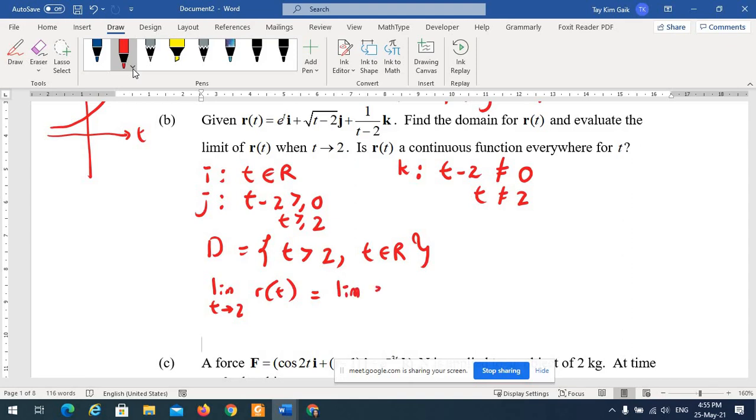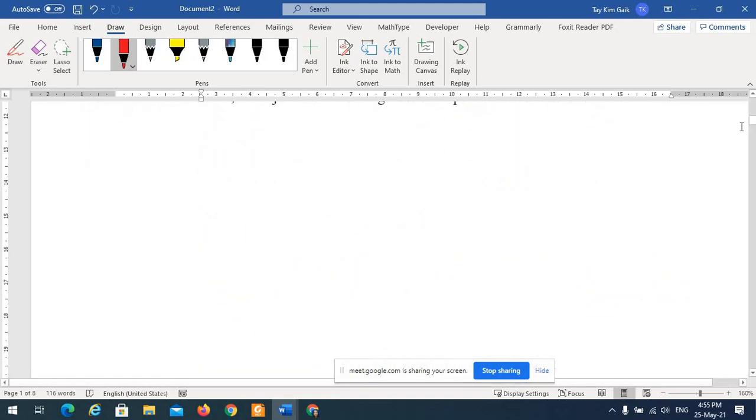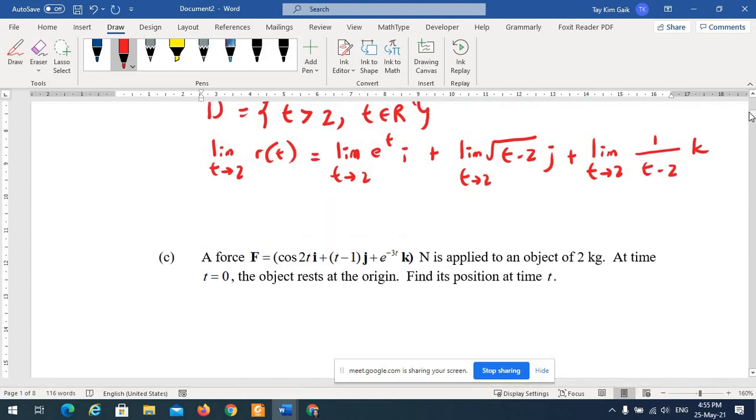So the limit of e^t when t approaches 2 at component i, plus the limit of square root of t minus 2 when t approaches 2 at component j, plus the limit of 1 over t minus 2. So you find the limit at each component.